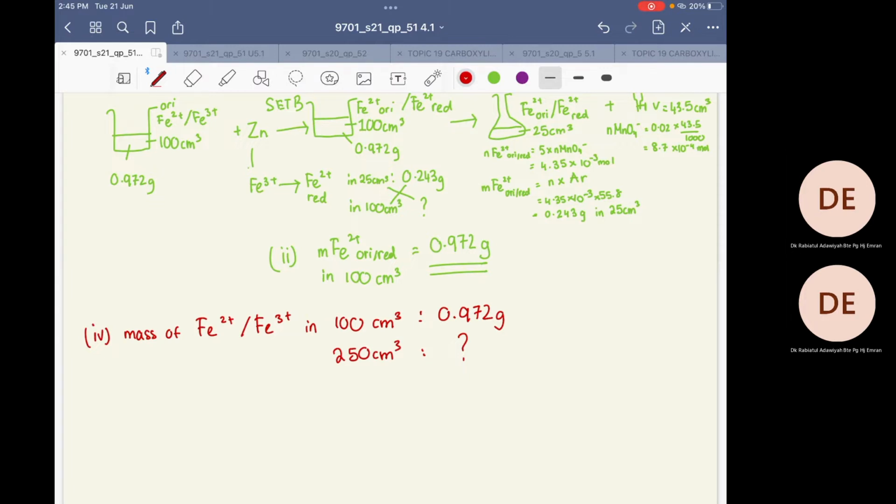So 250 times 0.972 divided by 100, I have 2.43 grams.